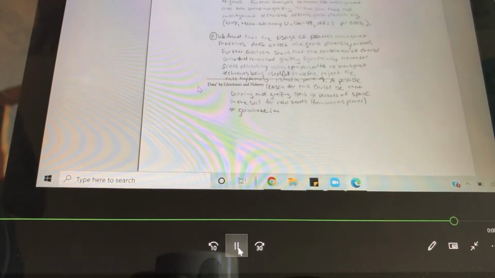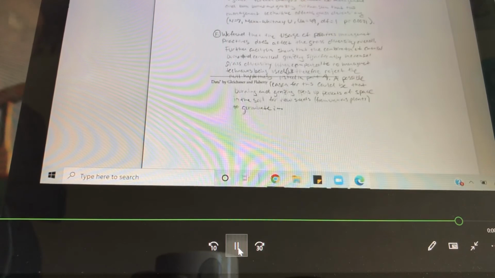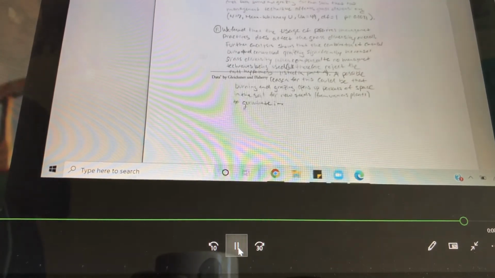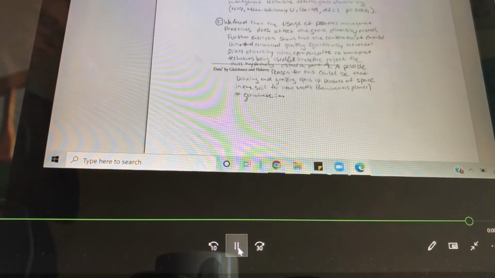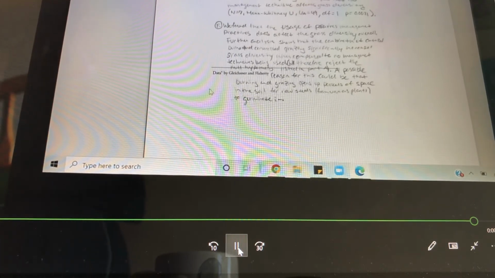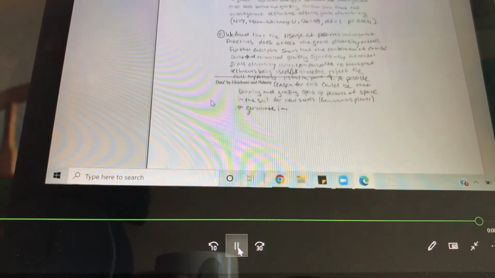Therefore, we reject our null hypothesis that was listed in Part A. Instead, the evidence here supports our hypothesis that a possible reason for the management techniques affecting grass diversity could be that the burning and grazing open up pockets of space in the soil for new seeds from various other plant species to germinate in.